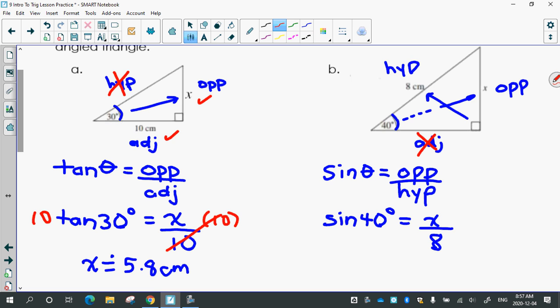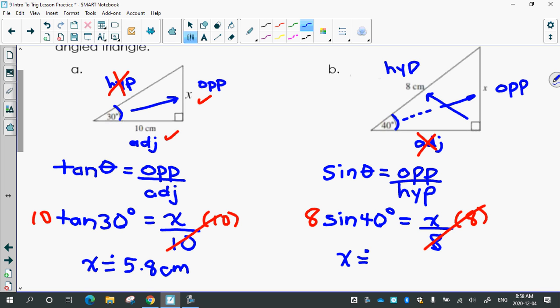So now I've got this grade 9 equation where it's x divided by 8 equals the sine of 40. Okay? So in order to undo divide by 8, I multiply by 8 on both sides. So those divide to 1. So I end up getting x is equal to approximately 8 times the sine of 40.